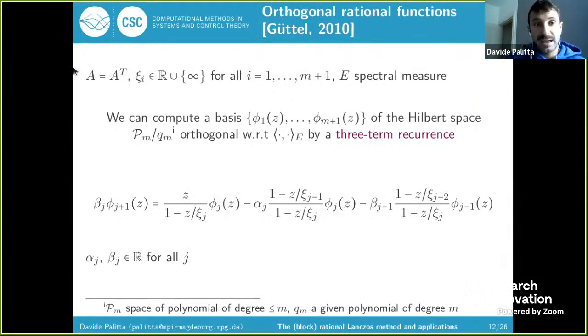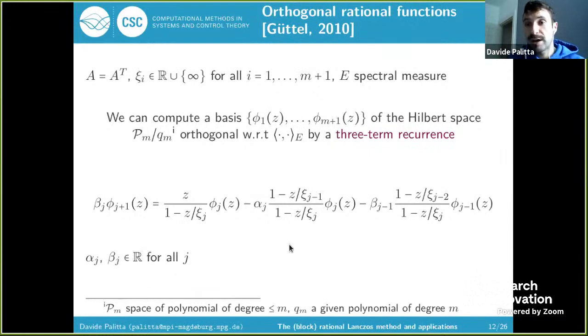So if our coefficient matrix A is symmetric, and we consider a set of real shifts that can include also infinity, and we have a spectral measure E, then we can compute a basis of this Hilbert space that is orthogonal with respect to the inner product defined by E. We can compute this basis by a 3-term recurrence, where alpha_j and beta_j are scalars for all j.